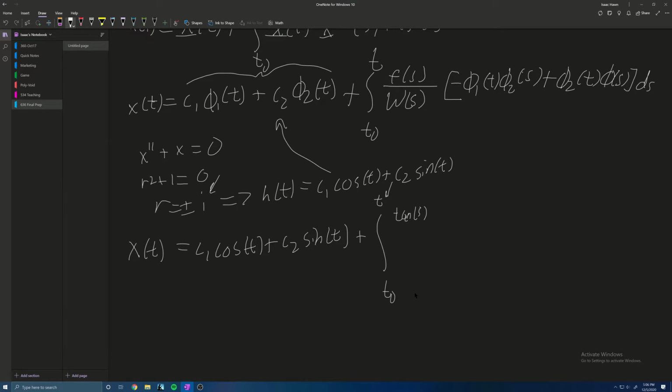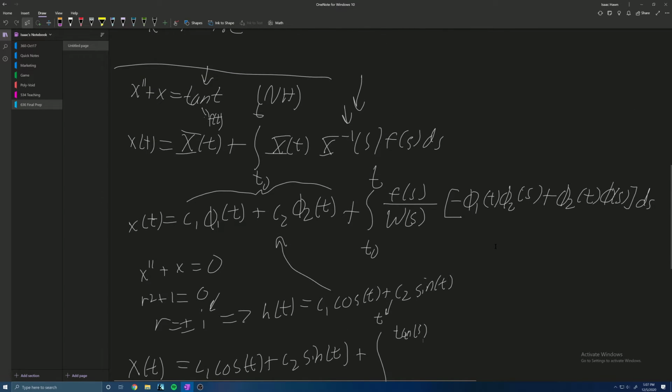And this Wronskian we get from the solutions of the homogeneous part. Let me just go off to a little side here to get the Wronskian. The Wronskian W of t is going to be the determinant of the solution matrix of the homogeneous part.